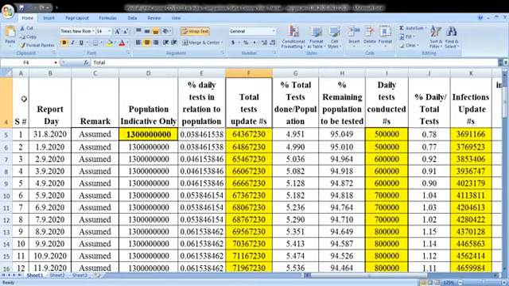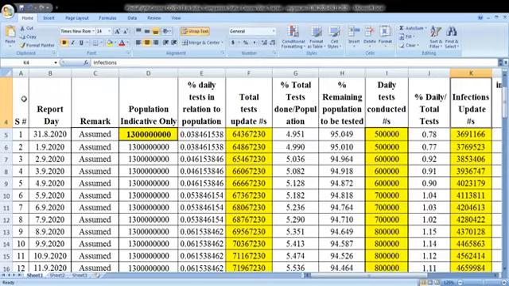Total test update in numbers. Percentage total tests done divided by population. Remaining population to be tested in percentage. Daily tests conducted in numbers. Percentage that is daily over total tests.